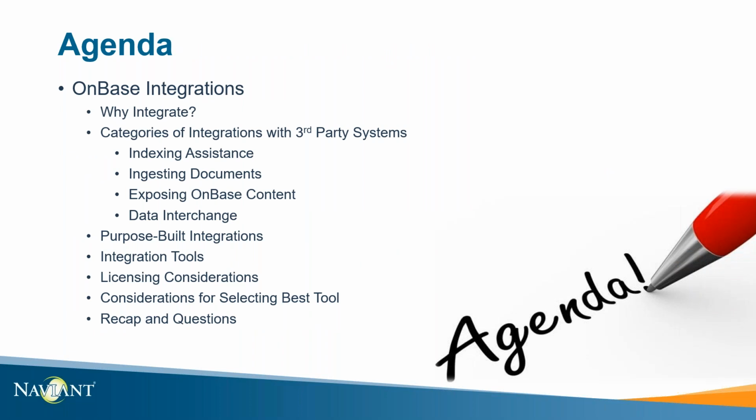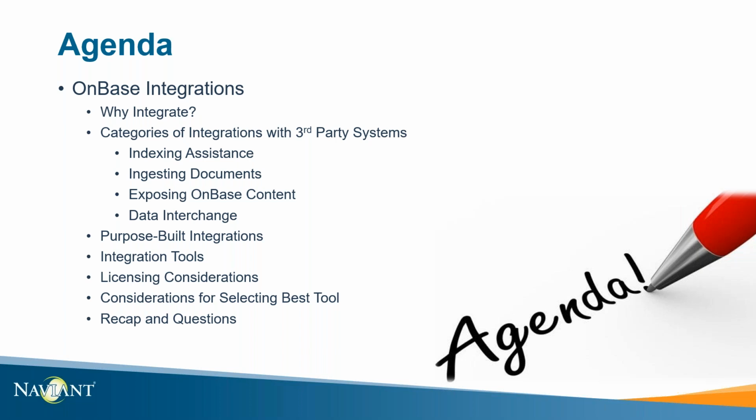So without any further ado, a high-level agenda. Integrations is such a broad topic, so by no means are we going to be covering these items in this particular order, but we'll touch on all of them as we go through here. Why would you as an organization want to integrate with another system within your on-base system? There are different categories of integrations that we'll talk through: indexing assistance, ingesting documents, exposing on-base content to third-party systems, and exchanging data between systems.